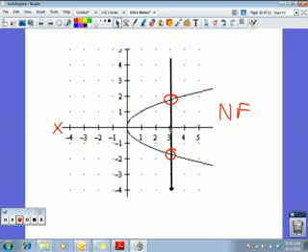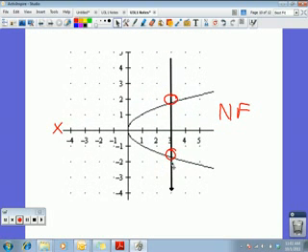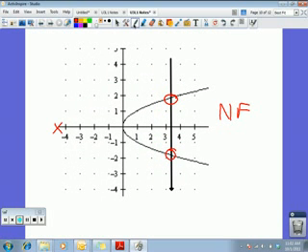If you look at this, what I have is 2 coordinates here that have 3. This one would be 3 and a negative y coordinate. I don't know exactly what the coordinate is. It looks like it's about 1.5.